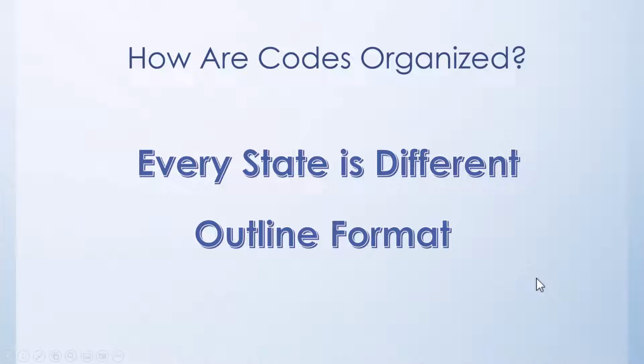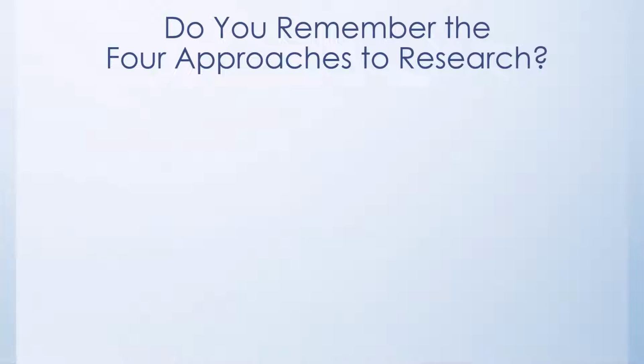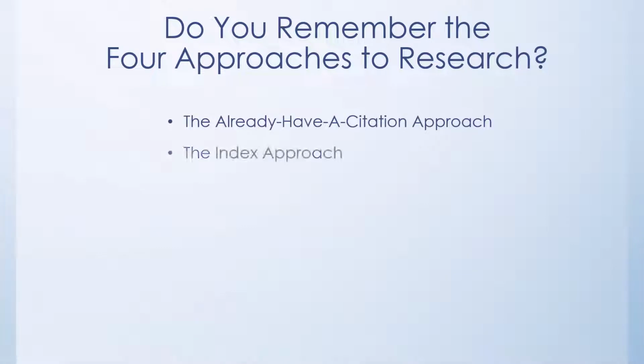One thing I will be doing, however, is introducing you to one of the 4 approaches to legal research while we talk about the code organization. Now, do you remember the 4 approaches to research? Well, the first was the I already have a citation approach, and we don't already have a citation, so that's not it. The second is the index approach, and we're not using the index yet.